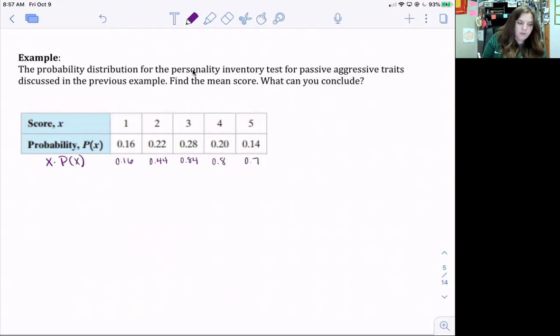Okay. If we find the summation of that row, add those all up, we get 2.94. But then looking back at our original, we had no decimal. So our mean will have one decimal place, so 2.9.